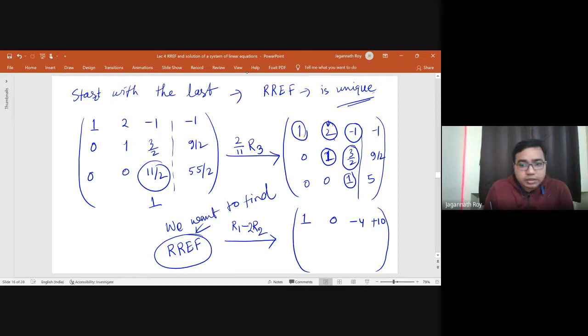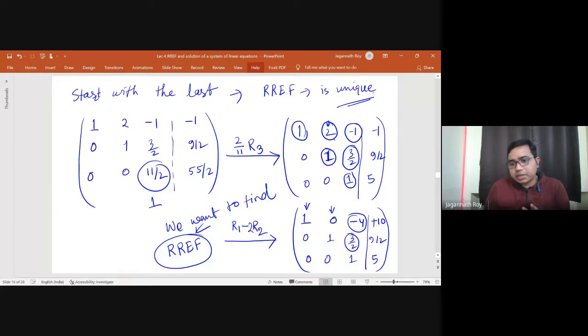Then 0, 1, 3 by 2, and this becomes 9 by 2. And finally, we have 0, 0, and 1, and 5. So this first column, second column has been taken care of. Now we want these two as 0.